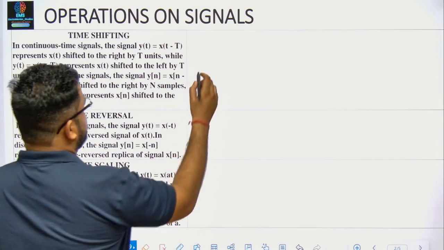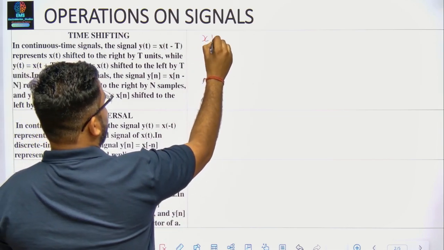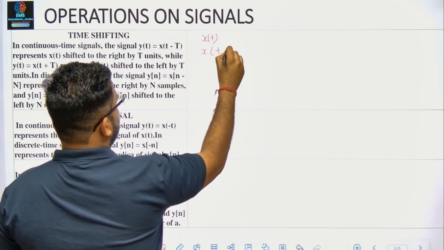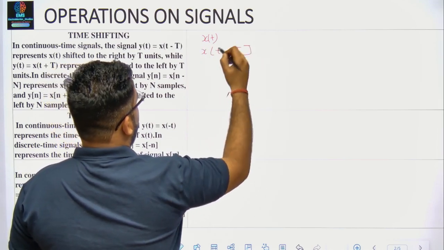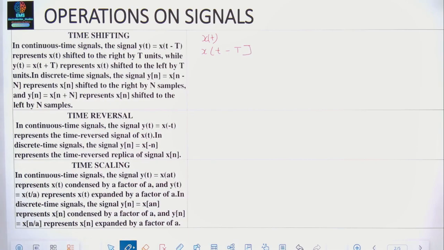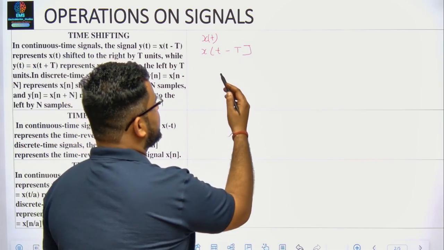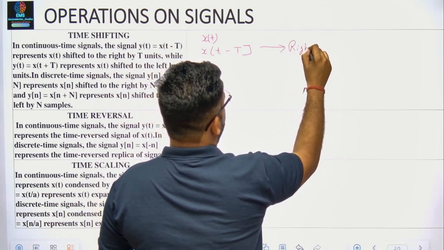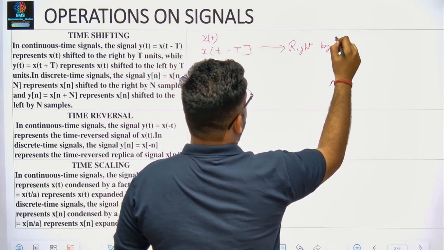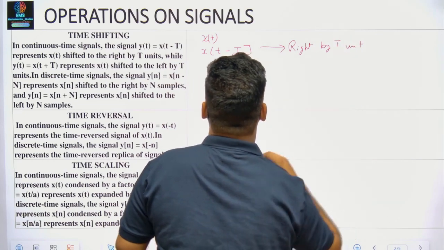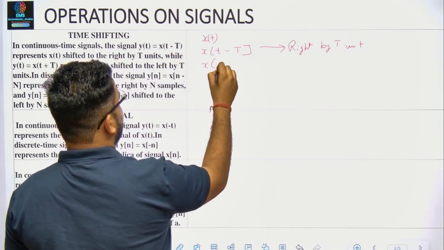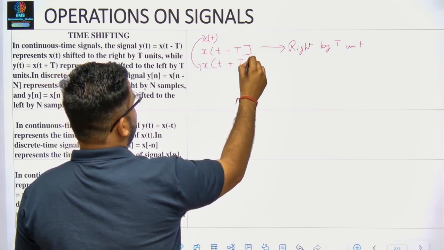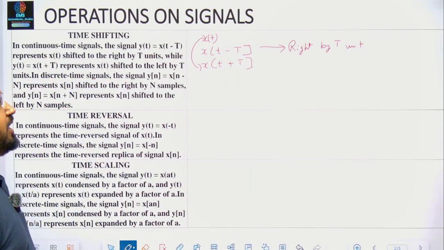The time shift says if I have a signal x of t and I shift this signal by minus t units, this means that my signal is being shifted towards the right by t units. Similarly, we have a signal x of t and we can shift it as plus t.